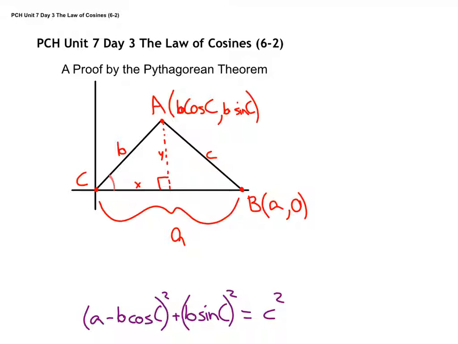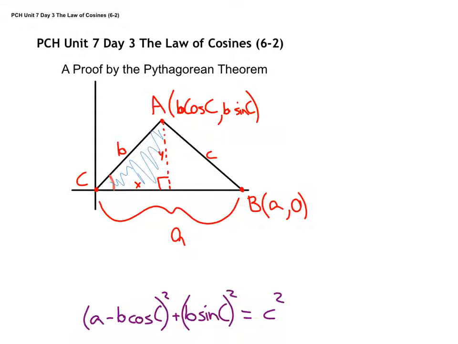If you look at this little right triangle here on the left-hand side, we could use right triangle trig to find how long this bottom leg would be, which would be our x coordinate, and how long this height would be, which would be our y coordinate.